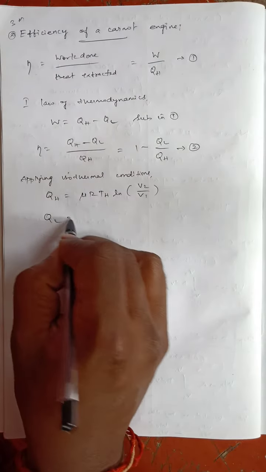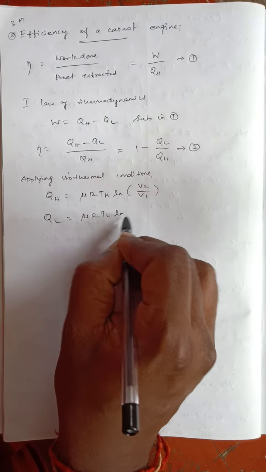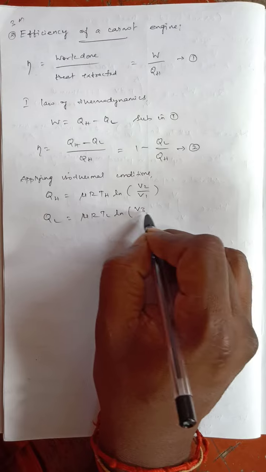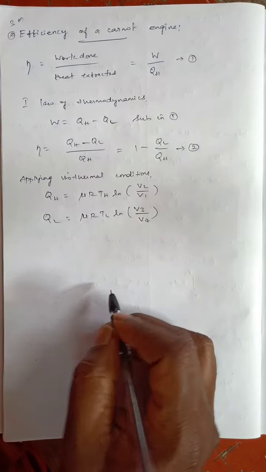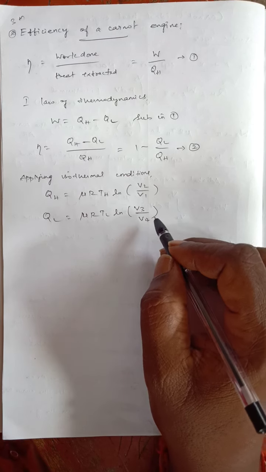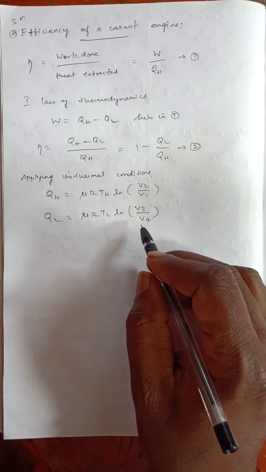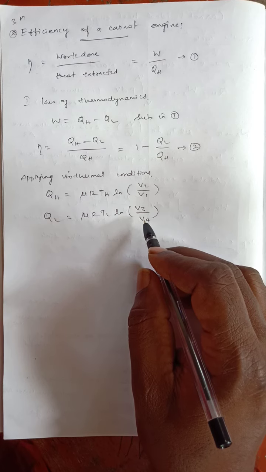For the lower temperature, the amount is mu R TL ln V3 by V4. Here we omit the negative sign since we are interested only in the amount of heat energy QL, which is exhausted to the sink.